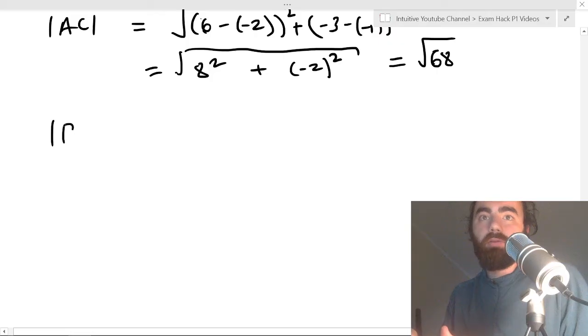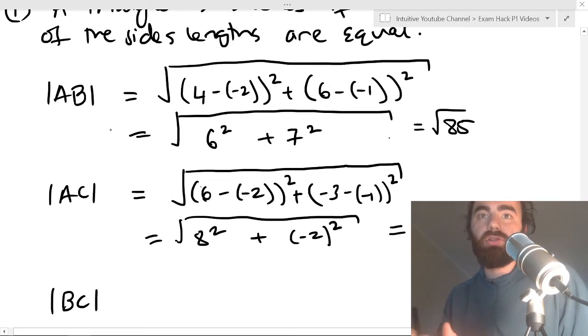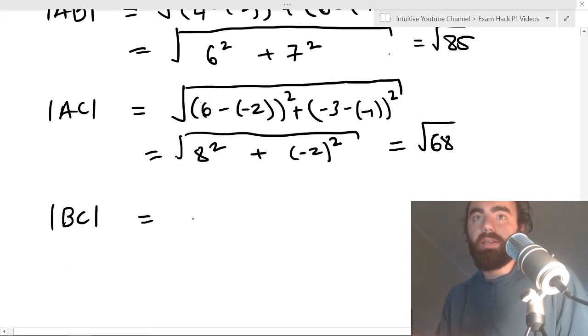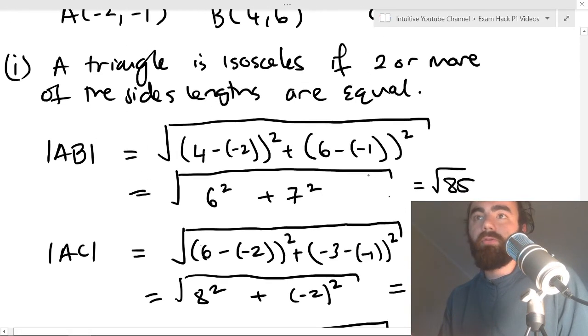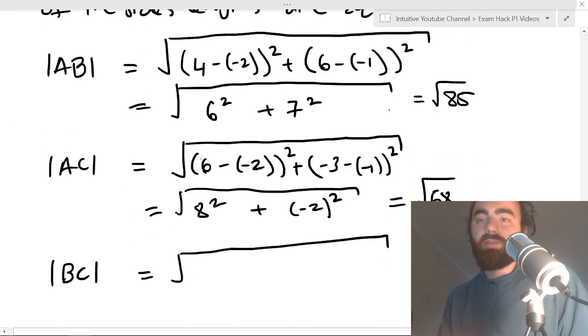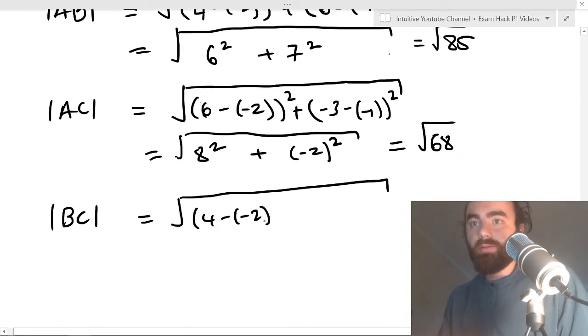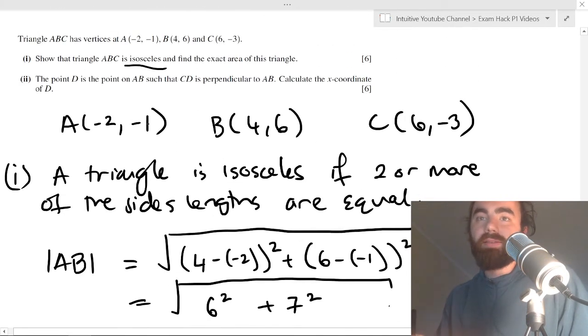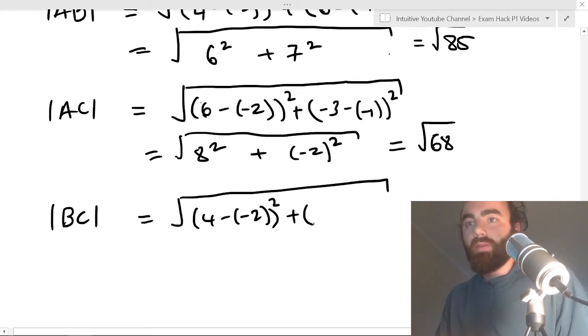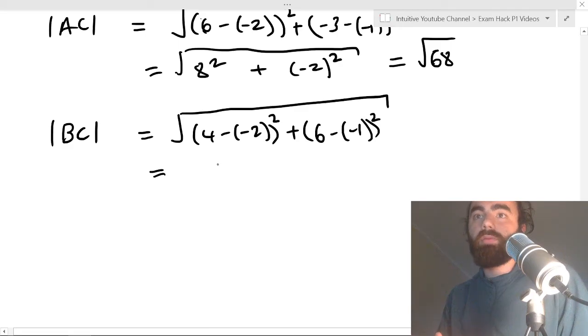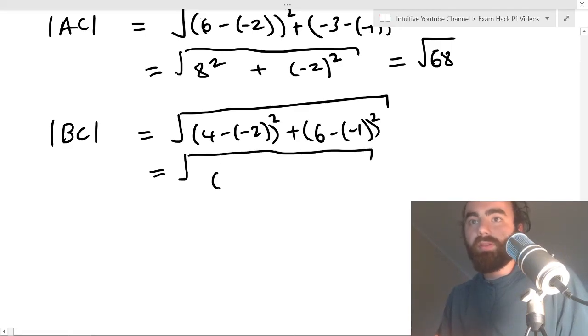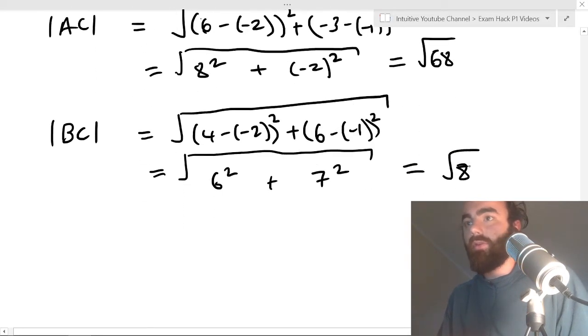And then finally, if it's isosceles, then this one should be the same length as one of these two. So BC is the square root of 4 minus -2 squared plus 6 minus -1 squared, which equals the square root of 6 squared plus 7 squared, which is the same as this, the square root of 85.